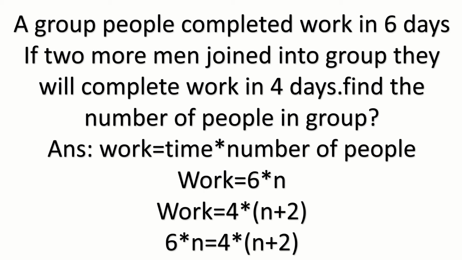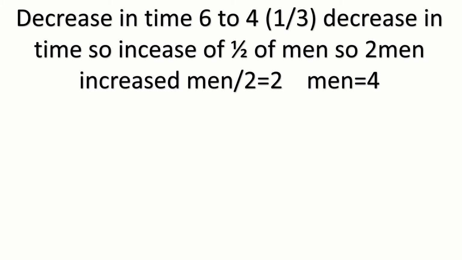So men will be increased by 1 by 2, which means these two more men is equal to half of the original. So total people is 4.